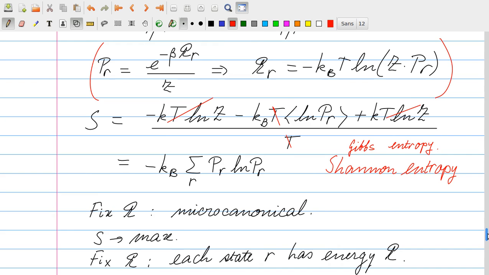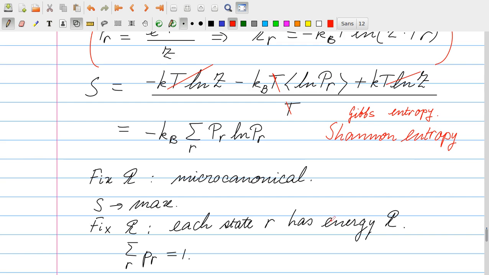But that was calculated for the microcanonical ensemble, and the microcanonical ensemble was the ensemble in which we fixed the energy. In the canonical ensemble, we really relaxed the energy. And so if this expression for the entropy is correct, the first thing we should do is check whether it gives us the same result as we already know to be correct for the microcanonical ensemble.